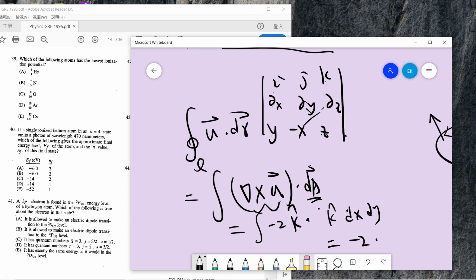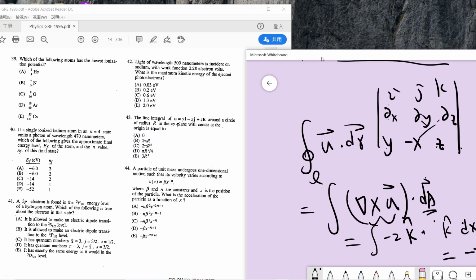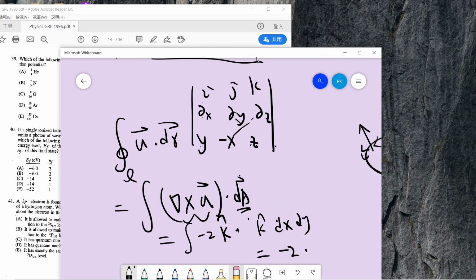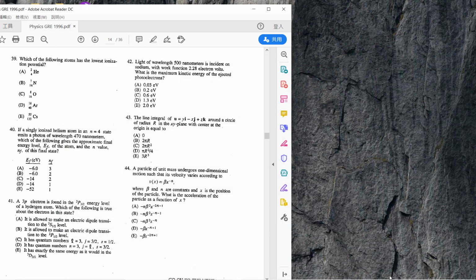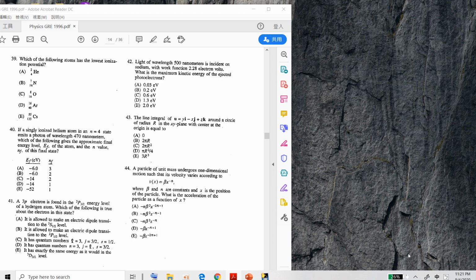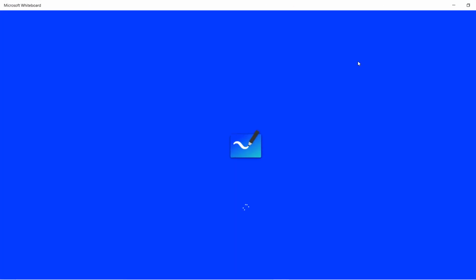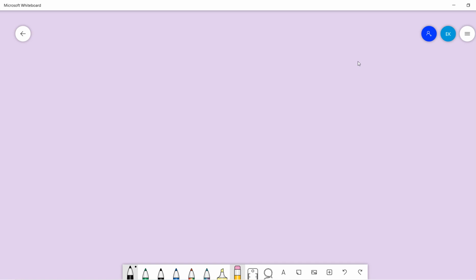Remember that they didn't tell us the orientation, but fortunately the choices are only positive. So what you need is just to compute the magnitude. So what we get is minus 2 times the area.